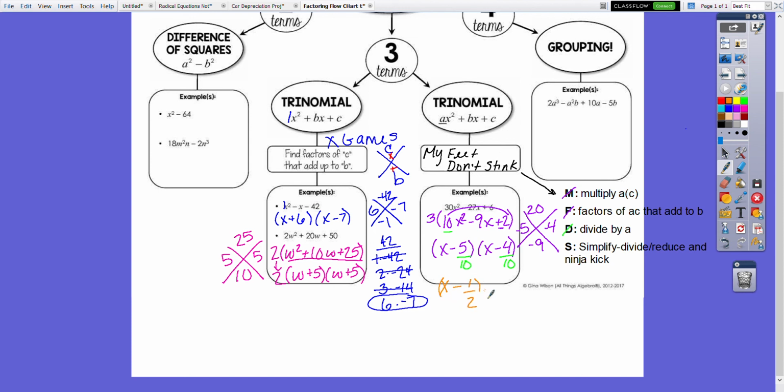So I've reduced that fraction. And can I do anything here? Can I divide? No, but can I reduce? Yes. So I have x minus 2 over 5. And now we just need to ninja kick these denominators to in front of the x. So we have 2x minus 1 times 5x minus 2. And don't forget that 3 that we took out in the beginning that we don't care about until the end. We need to drop it down so that we have our problem completely factored.